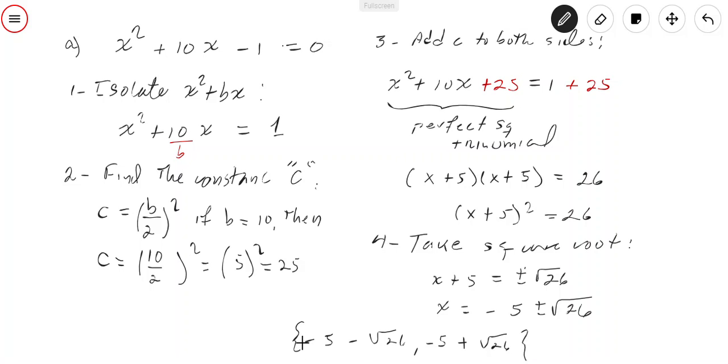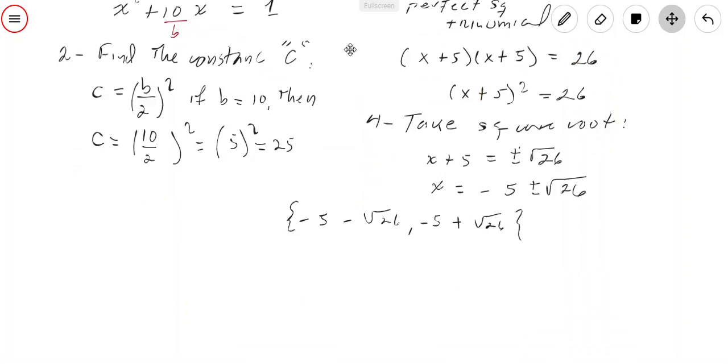Now, when we're solving equations by completing the square, we have something that we have to keep in mind. So I'm going to give you a second example here.